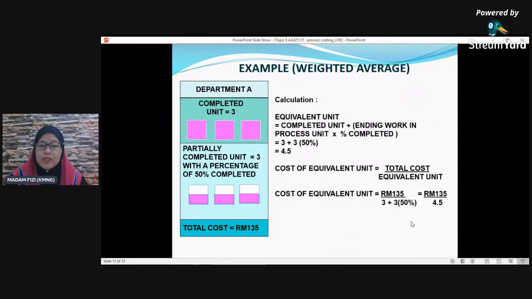Barulah kita dapat the answer is RM30 per unit. Ni sebenarnya yang kita nak cari. Cuba check betul ke jawapan saya? 135 divide by 4.5. Okay, betul. Ini yang kita nak cari sebenarnya ya, in process costing.